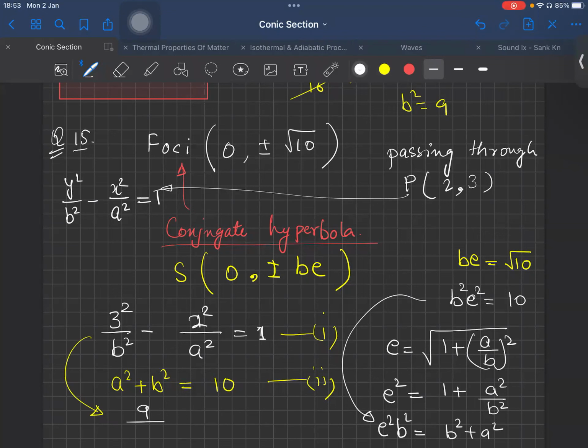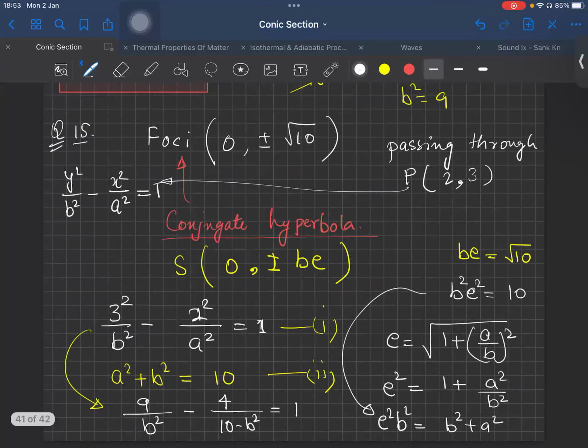So can you write 9 upon B square minus 4 upon A square, and A square can we write as 10 minus B square, is equal to 1? Can we write like this? Now just take LCM and cross multiply.